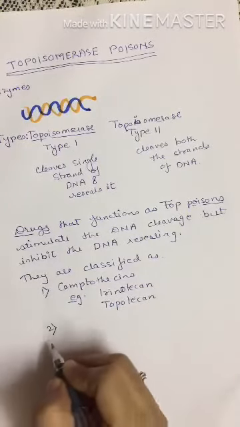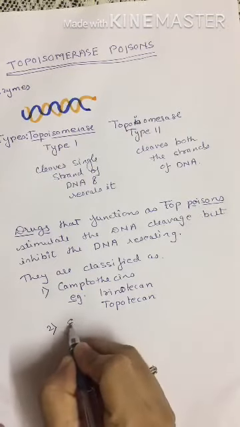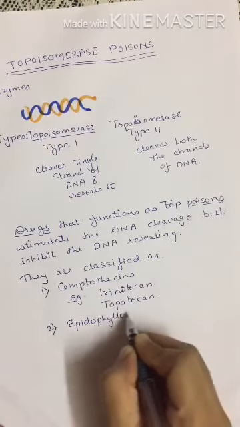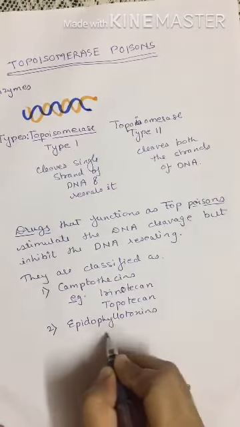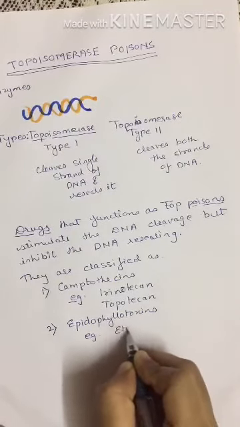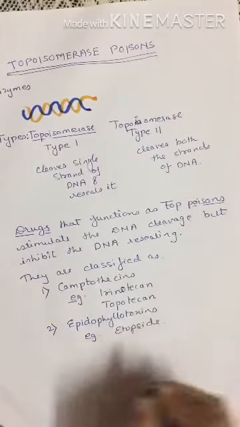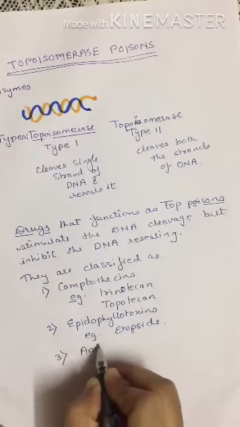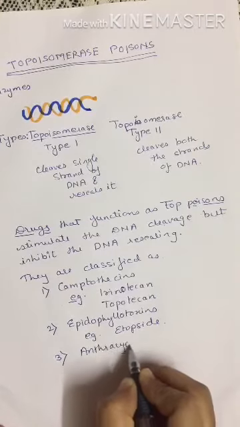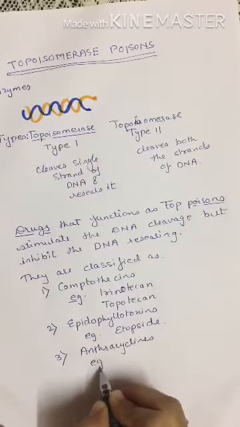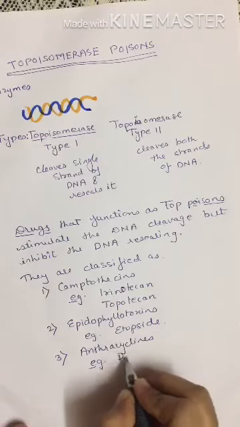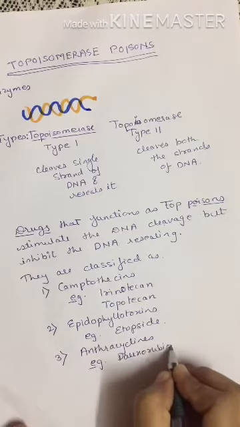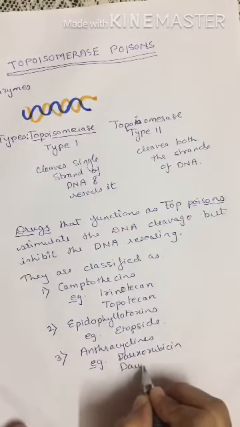Second one, epipodophyllotoxins. Example is etoposide. Then the last one is anthracyclines, and the examples are doxorubicin and daunorubicin.